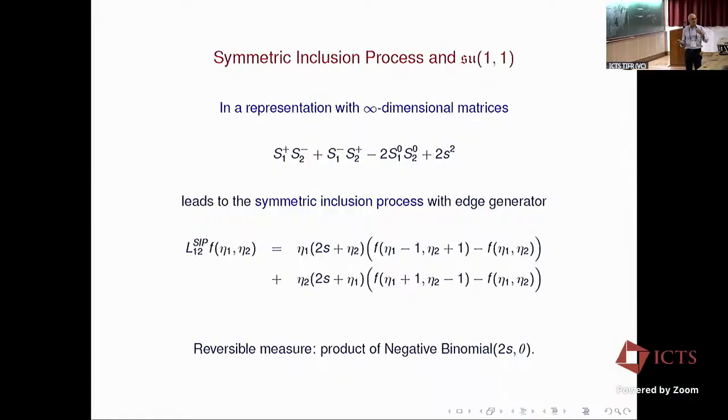So we call it inclusion, because the particles have a preference to attract each other, to stay on the same site. This part is just a random walk part, but the product eta1 eta2 makes larger the rate for the particle to be on the same site. And again, it's very complementary. We move from a product of binomials that we had for partial exclusion to a product of negative binomials.